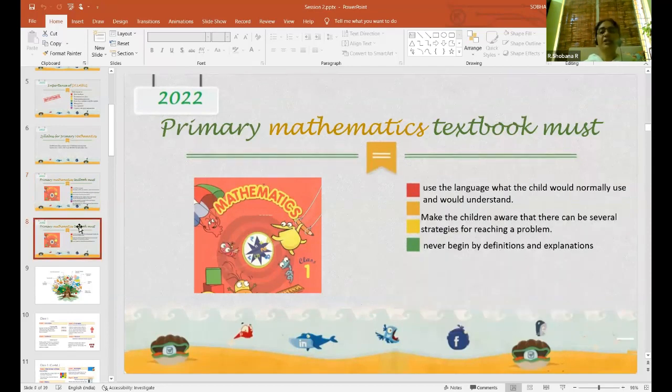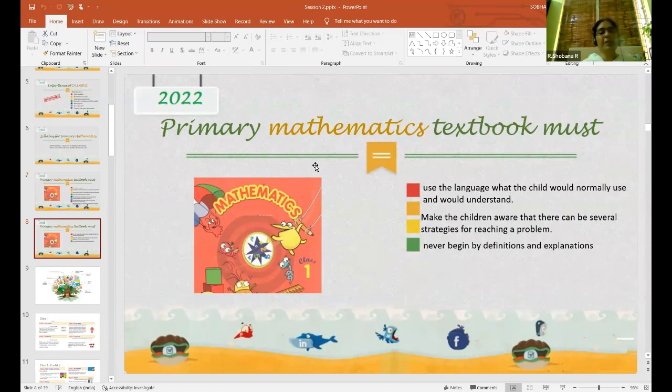And then they must use the language which the child would normally use and would understand. So especially when we use word problems, the names used there can be very small and understandable for the child. The words being used in the word problems, the examples being given there, need not have very big words so that the child cannot understand on her own.